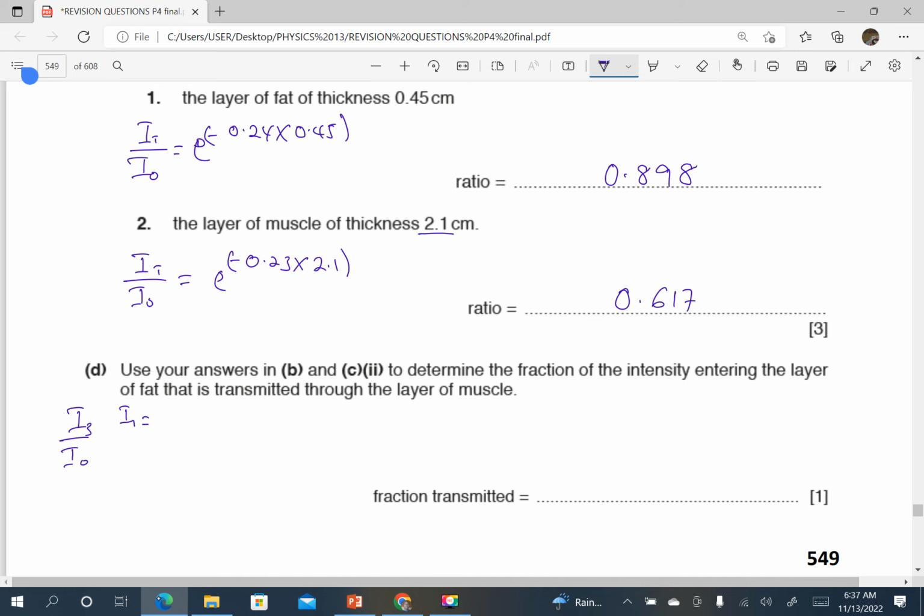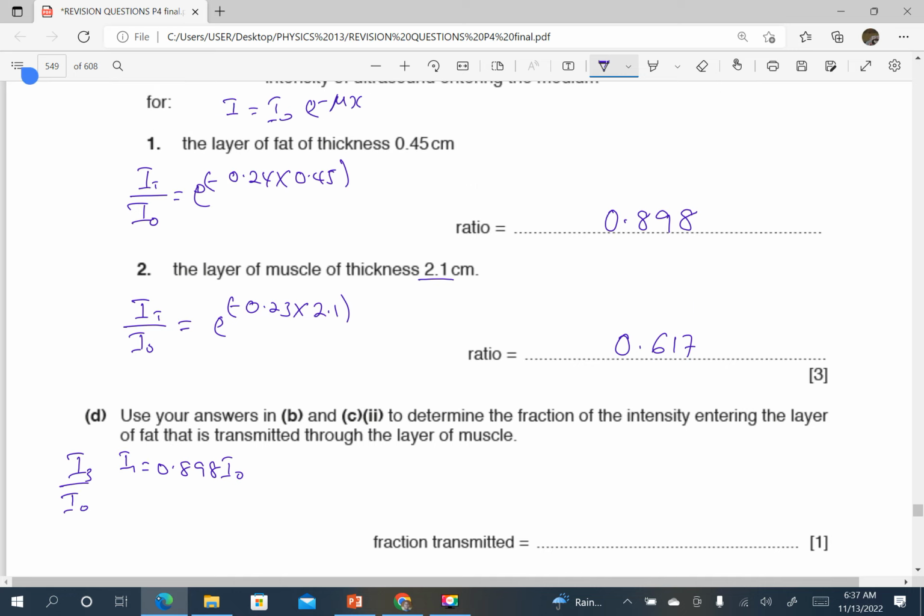So I1 was 0.898 times I naught. This one here is I1 over I naught to be specific. Let that be I1. And this one is intensity transmitted through muscle.